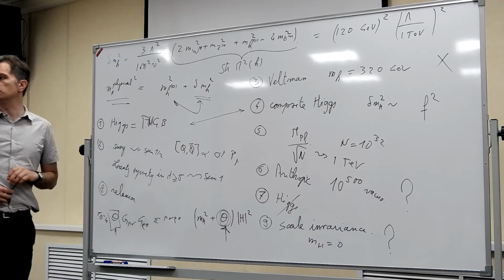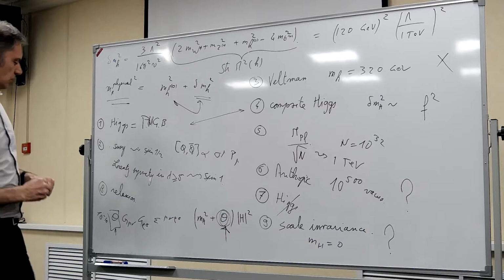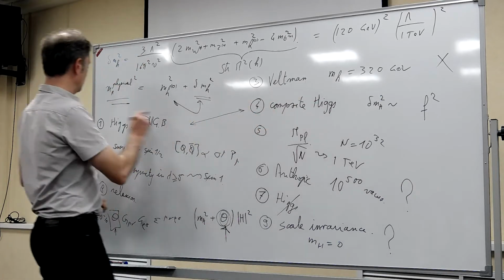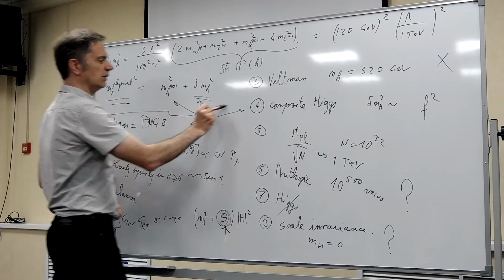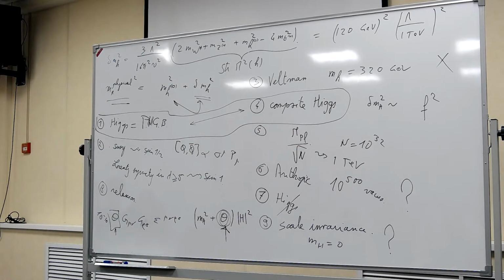So SO(4) was this SU(2)_L times SU(2)_R symmetry that we discussed. It was broken spontaneously to SU(2) diagonal, which is SO(3). So that's the standard model. And this produced exactly 3 Goldstone bosons, 3 PGBs, that are identified physically as the longitudinal component of the W and the Z. Right?